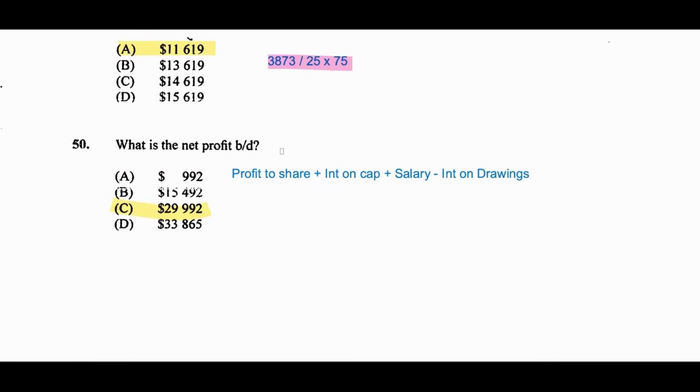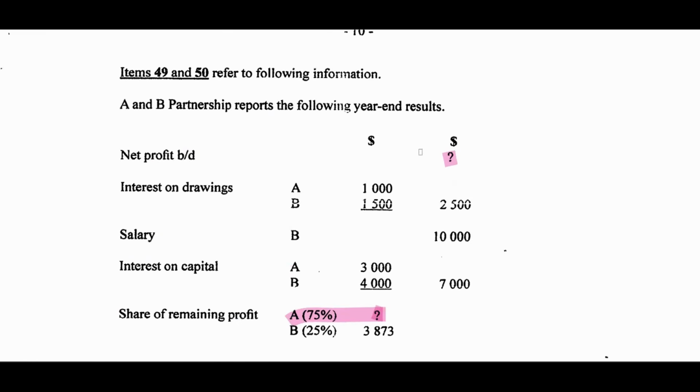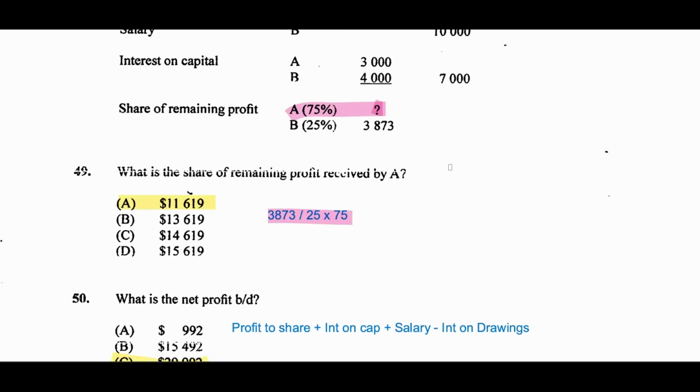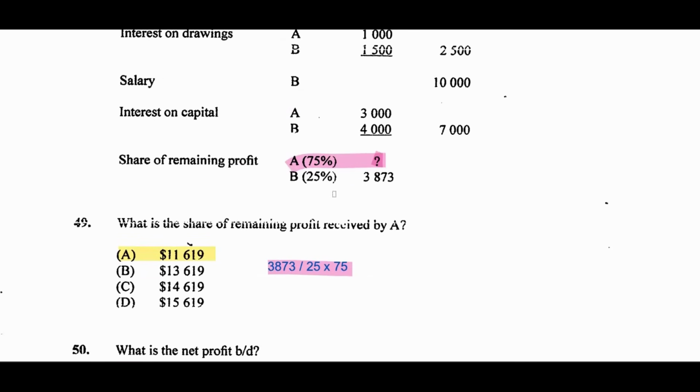What is the net profit brought down? So they're asking us for net profit up here, guys. All right, good. Let's check this out. Now remember the share of profit was 11,619. Let me put that figure here. This was the share of profits for A. So guys, if we take 11,619 and we add it onto this 3873, we're going to get a total share of profit.